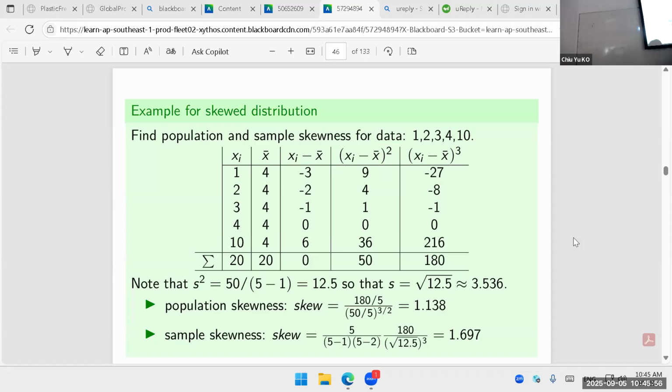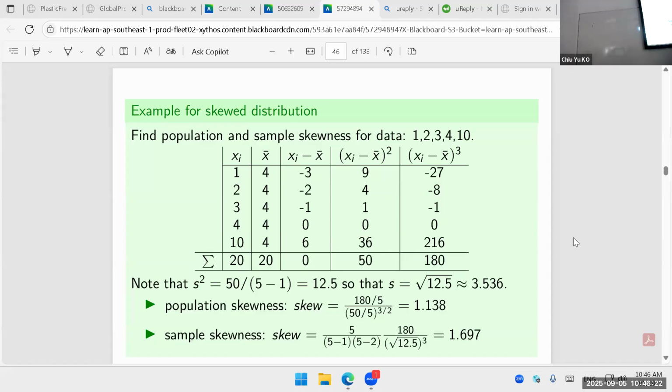So the same idea here. First column, the data. Second column, the mean. Third column, you subtract the first column from the second column. The fourth column is the third column squared. And the last column is the third column cubed, right?